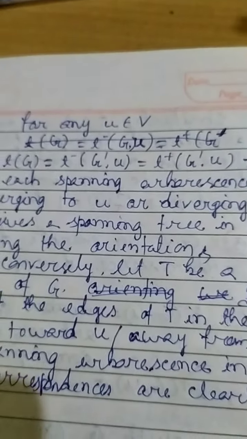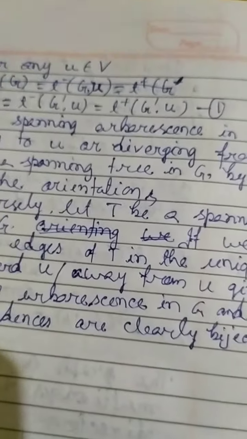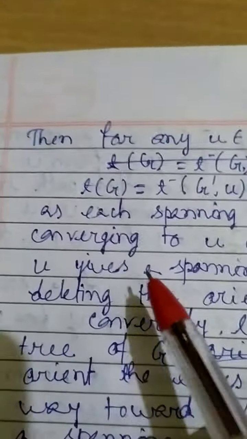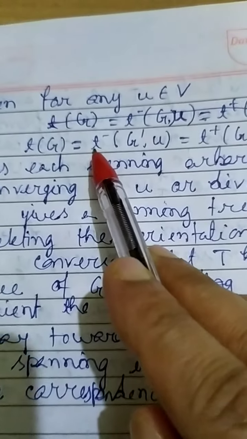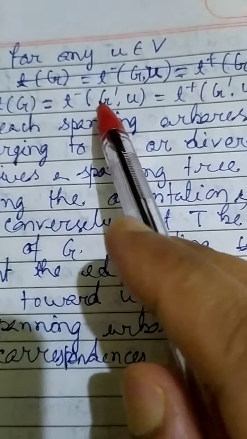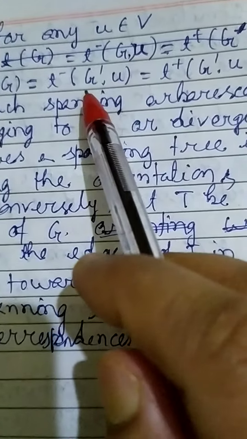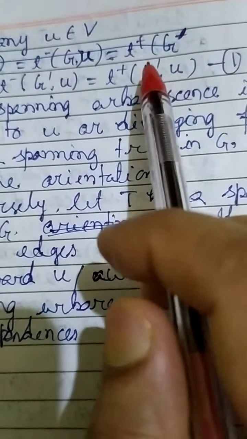So for the resulting graph Z dash, you can observe that the number of spanning trees of Z is the same as the number of spanning arborescences converging to U, and the number of spanning arborescences diverging from U. Now why?